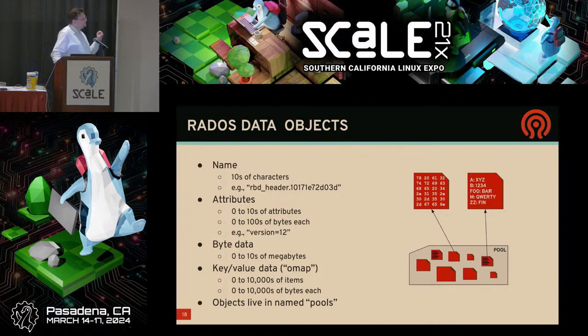Objects live in pools. I think I hinted at this before, so that you can differentiate some of the RADOS behaviors between different pools. Typically, a very common scenario here is choosing which type of replication. So you have a replica 3 pool. It's going to be high performance for block, but it's going to be high cost. You have your data 3 times.